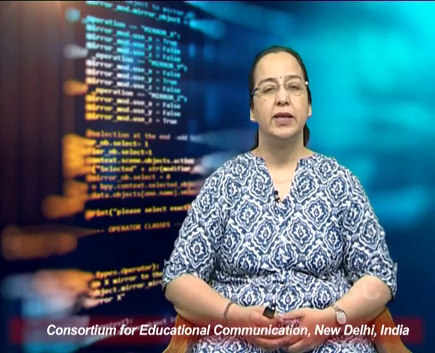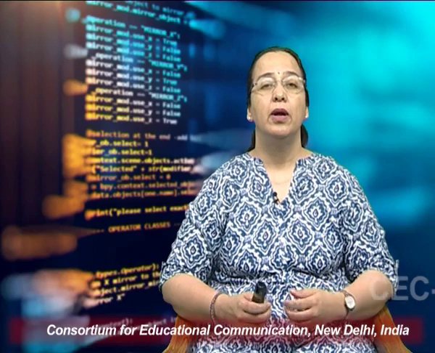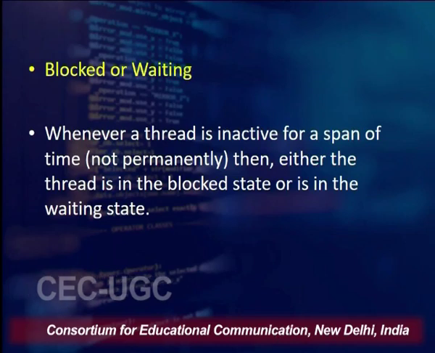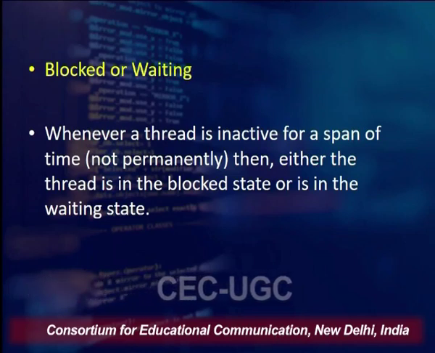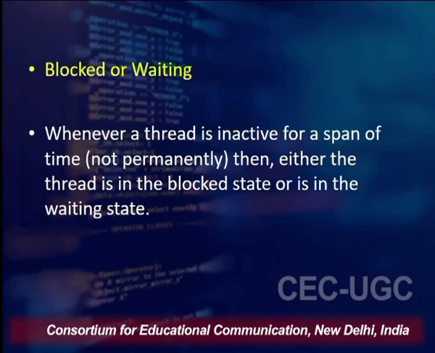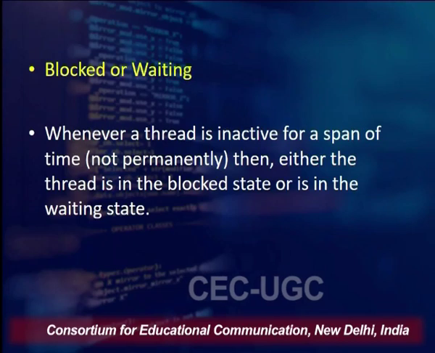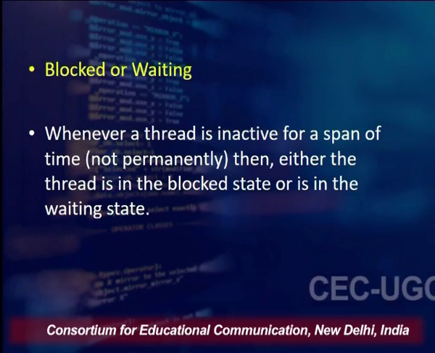Now the third stage coming up here is about blocked or waiting. Whenever a thread is inactive for a span of time, but not permanently inactive, then the thread is either in the blocked state or in the waiting state. This is very different from the runnable state.